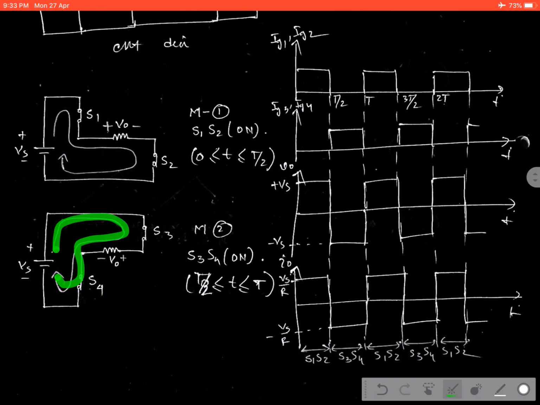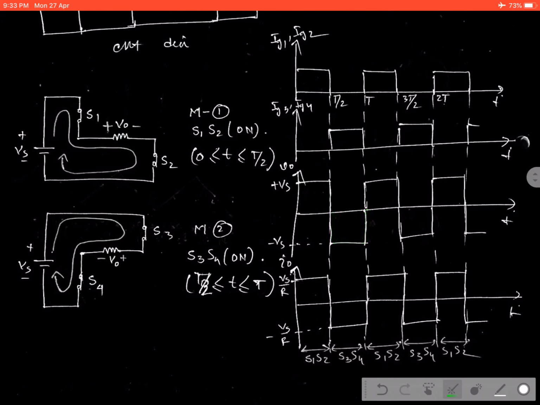That means the current flows in the opposite direction with respect to the previous one, and the polarity of the voltage is now this one. That is why it will give you negative voltage and negative current. That is why this is the waveform of voltage.